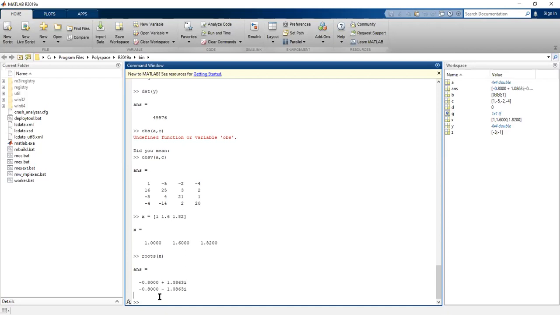So capital K is equal to the square bracket, and we're going to put in negative 8 and the other 2 roots that are there.